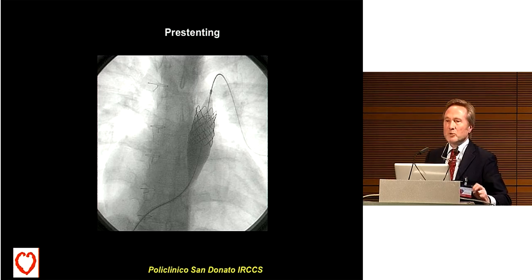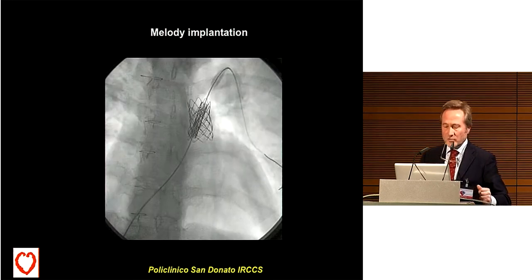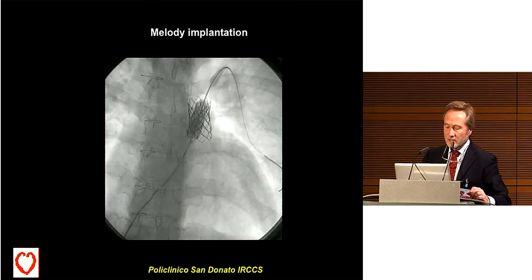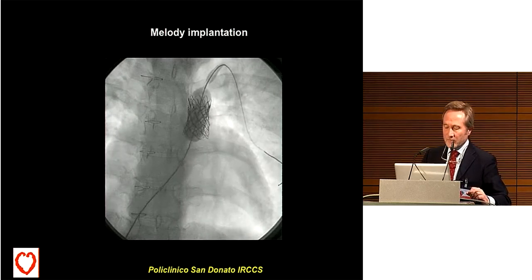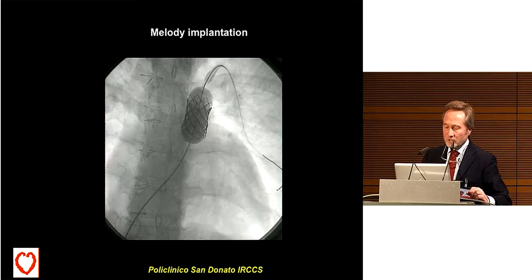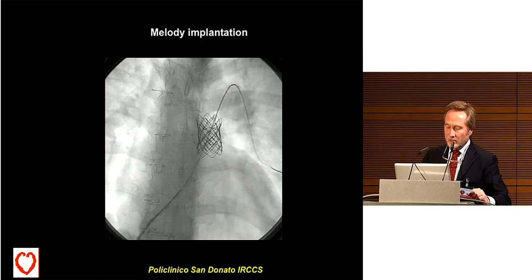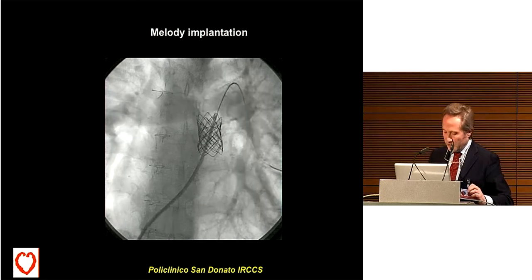In addition, prestenting has been demonstrated to be useful for preventing stent fracture during follow-up. And this is the Melody implantation, with full expansion of the inner balloon and outer balloon, and that's the immediate result showing a perfect competence of the valve.